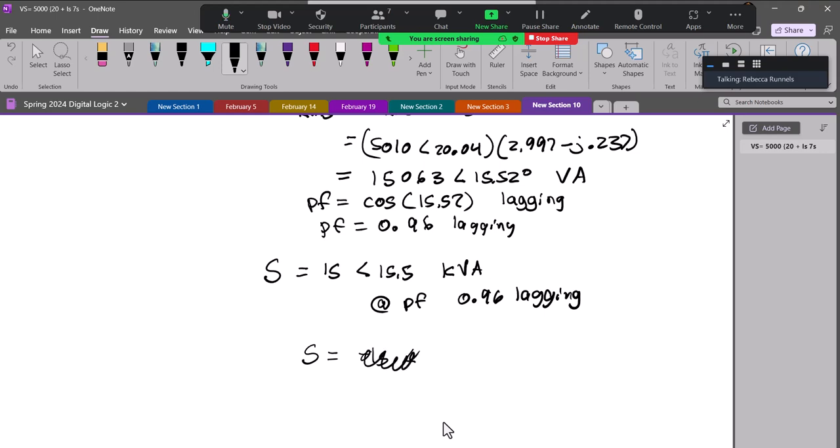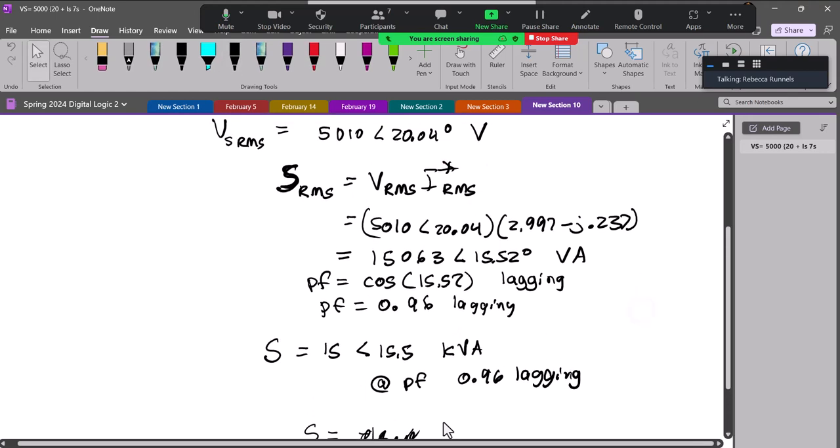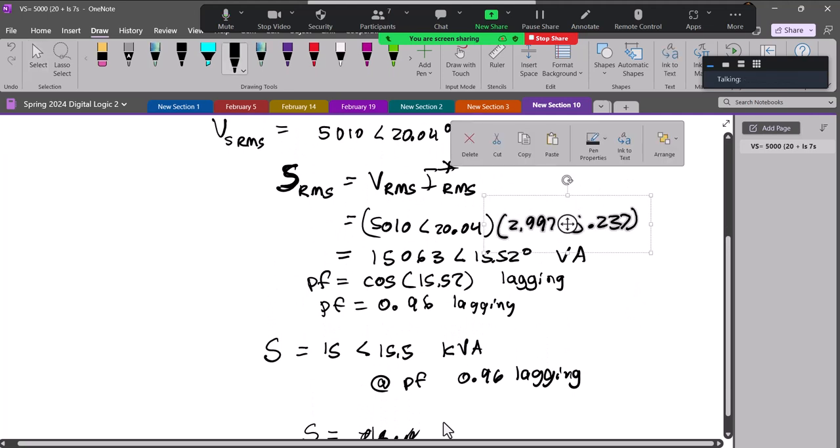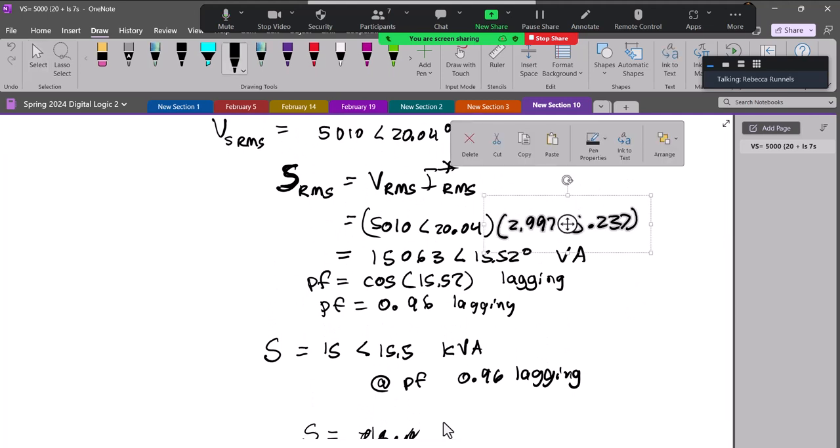It would be the negative of the rectangular. What does the negative do? It changes the angle. But then you would want to change it back. So I usually just go with the positive anyway. And so if I had this in magnitude and angle, then that's what I would use right there as the positive value.